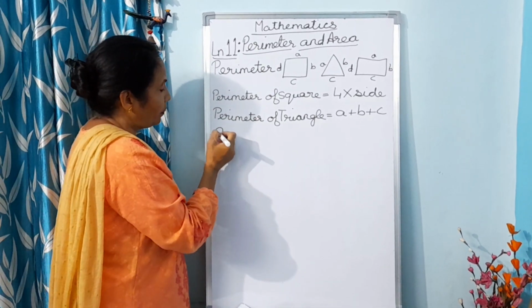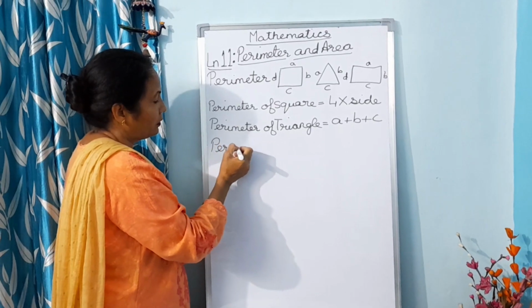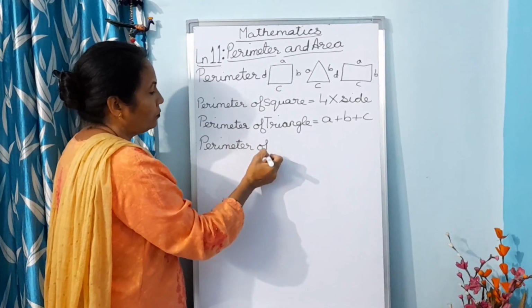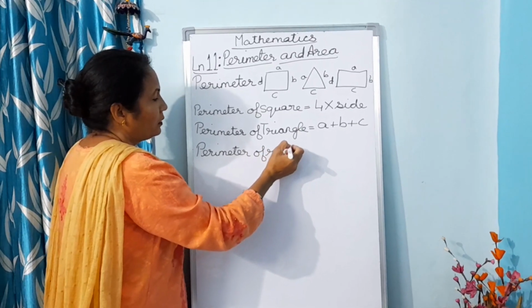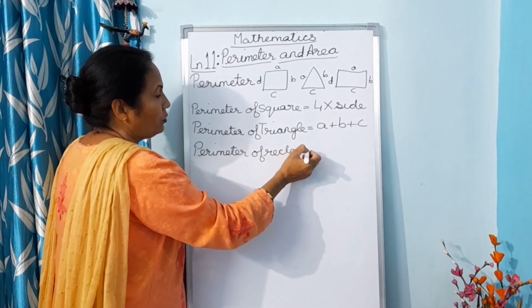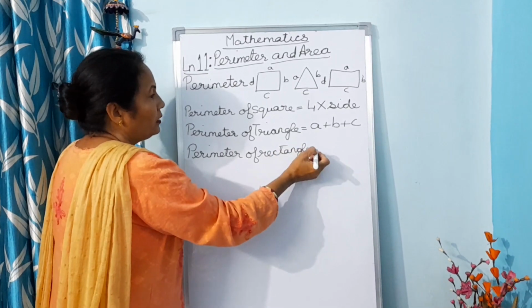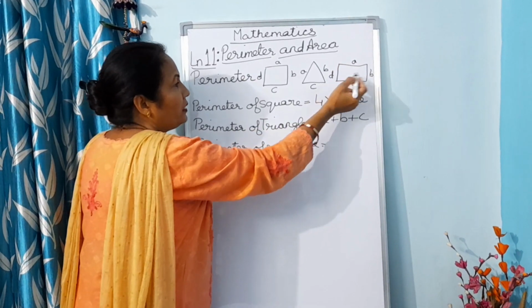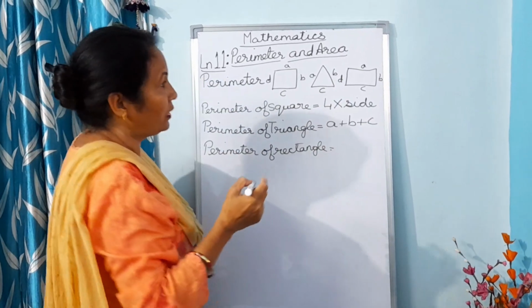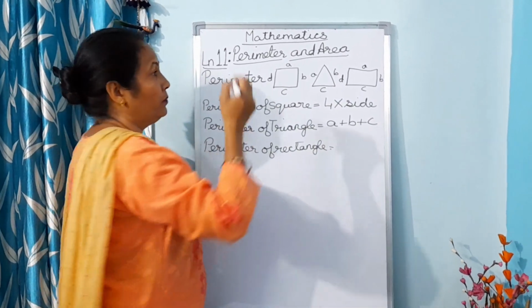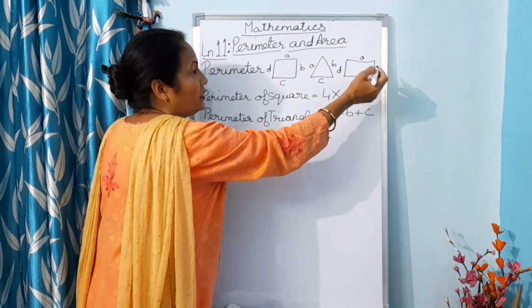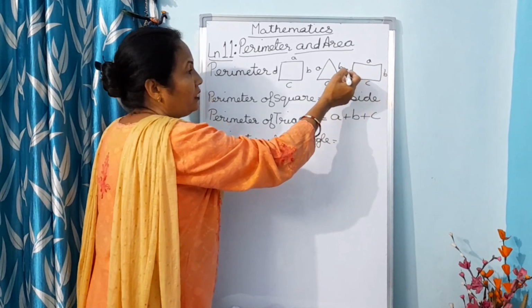Then you have perimeter of rectangle. Now children, you know that in rectangle the opposite sides are equal, like A and C are equal and D and B are equal. So their length and breadth is equal. So if you have here 2 centimeter, here 2 centimeter, here you have 3 and here you have 3.